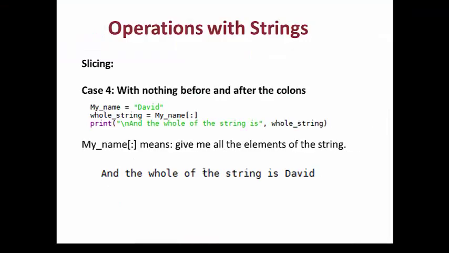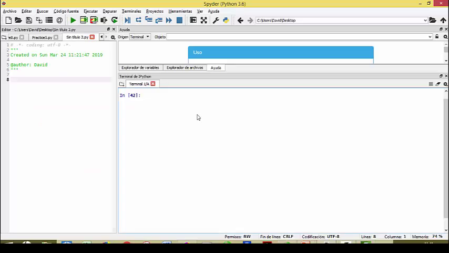Now, case 4. When we don't have anything before or after the colon, what happens in that case? So again, my name is going to be David. Then I'm going to have a variable called whole string.